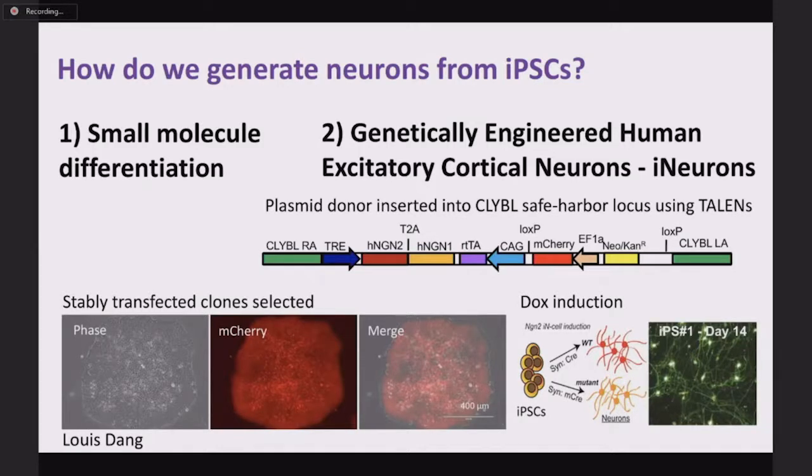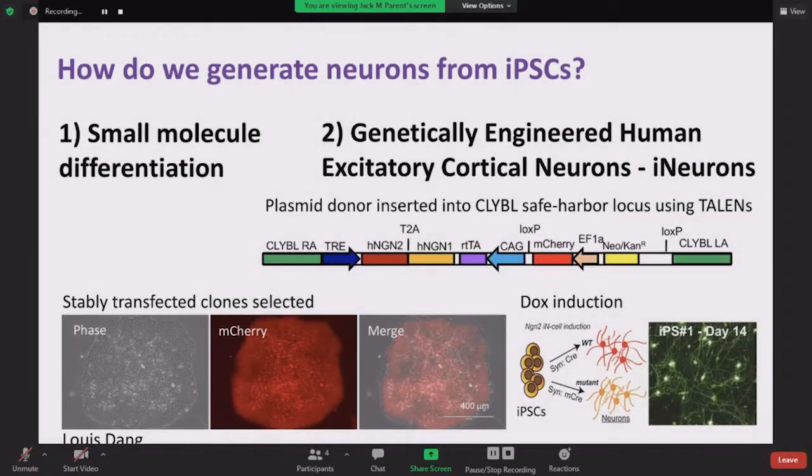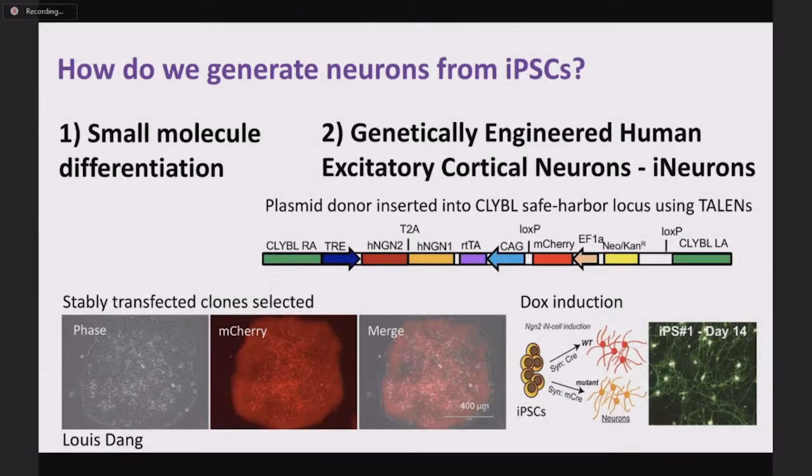The advantage of the small molecule differentiation, where you're more faithfully following normal developmental mechanisms, also comes with disadvantages of having very, very heterogeneous cultures that have progenitors, immature neurons, and mature neurons all at the same time. Whereas with the iNeuron approach, you rapidly get all the cells to differentiate into mature excitatory neurons all at the same time.